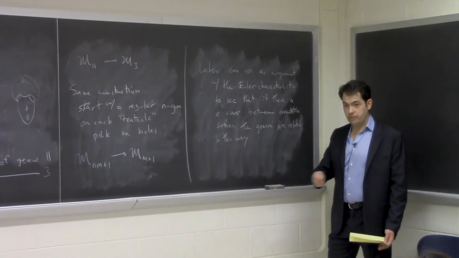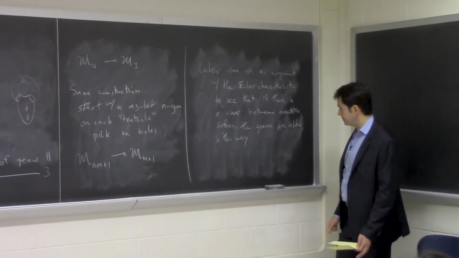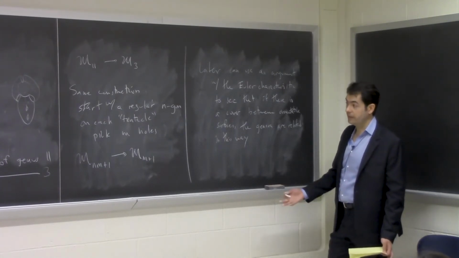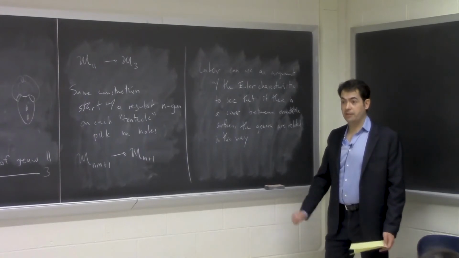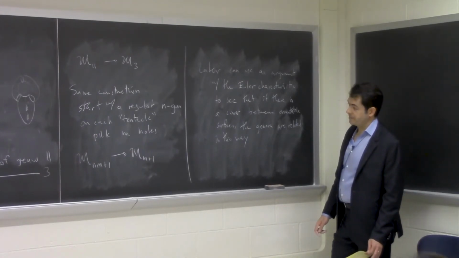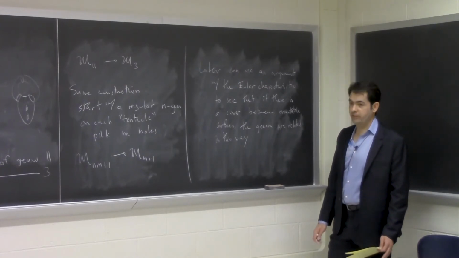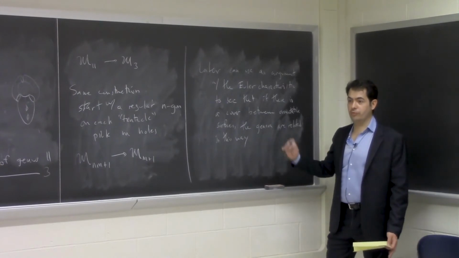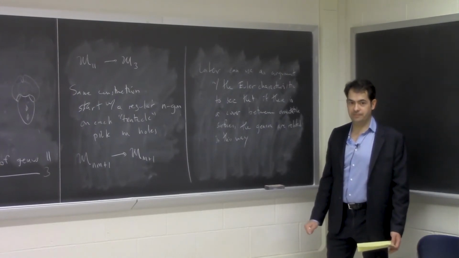And then you count this alternating way. It turns out that the number you get is a topological invariant, and it behaves very nicely with respect to covers. And so you can use it to figure out the genera.